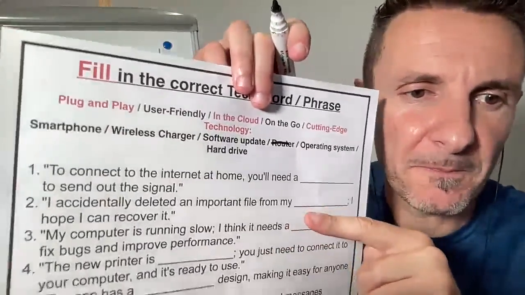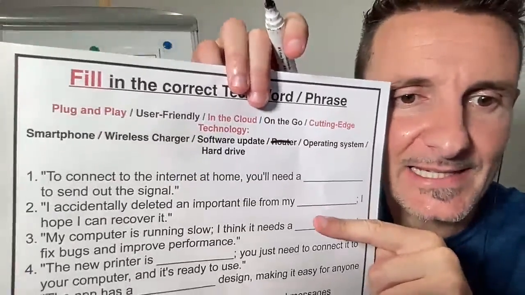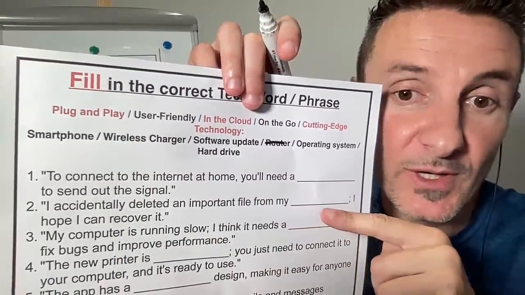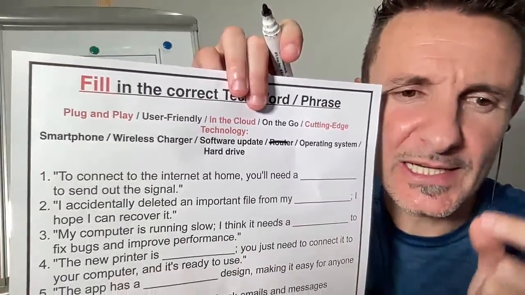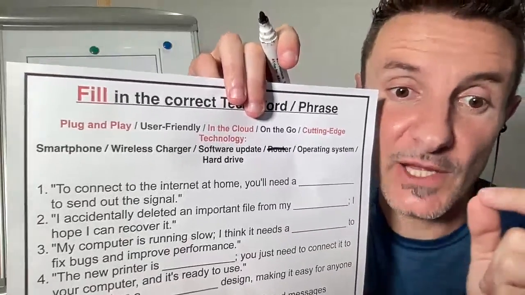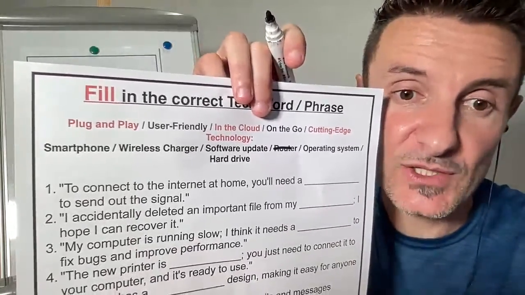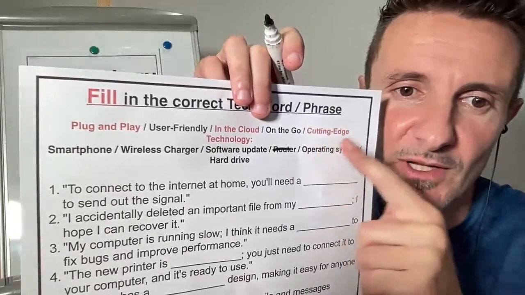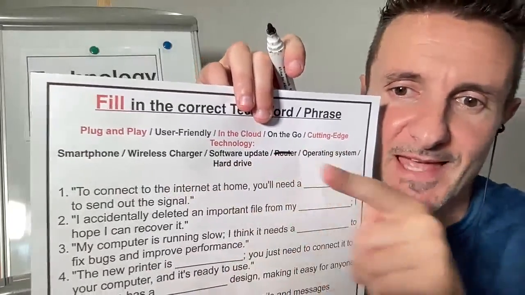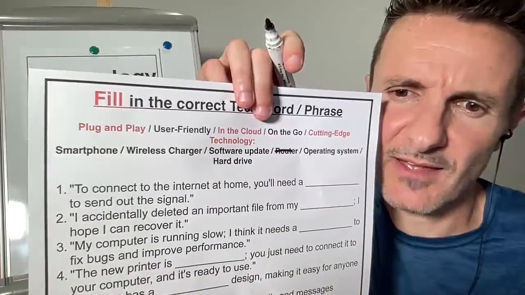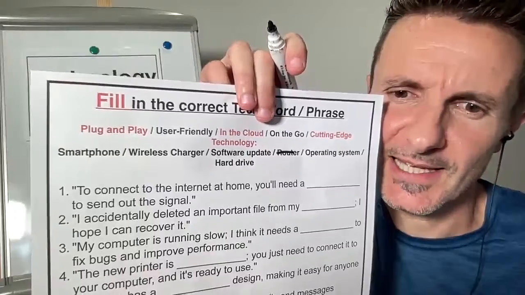Number 2. I accidentally deleted an important file from my, I hope I can recover it. What do you delete your pictures from, your photos from, your videos from, your applications from, your software from? You delete it from, what's the correct answer over here? Yes, everyone's getting it. Giorgio, Mercia, Luan, Mustafa, Jennifer, Ediana.